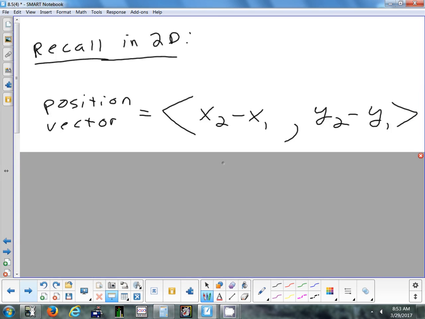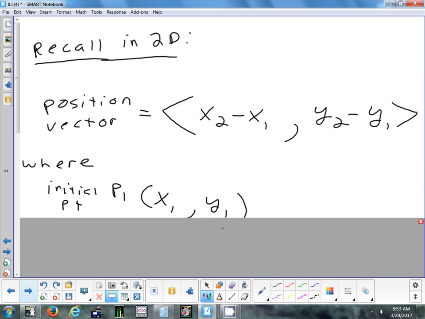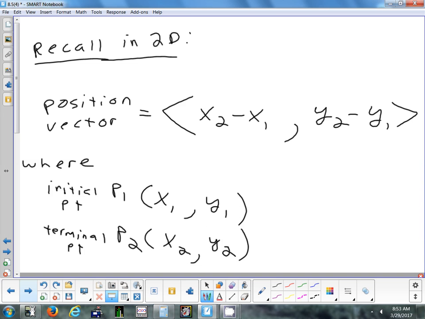And when we did it, we went through a whole sketch and we looked at it. So we're not going to go through it again. And it's important you do subtract in the right order when you find a position vector. It's terminal minus initial. For the x components, comma, and then the y components.